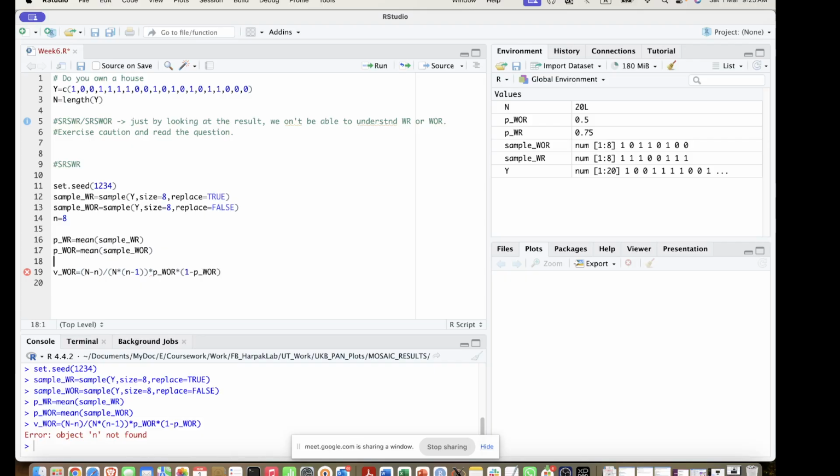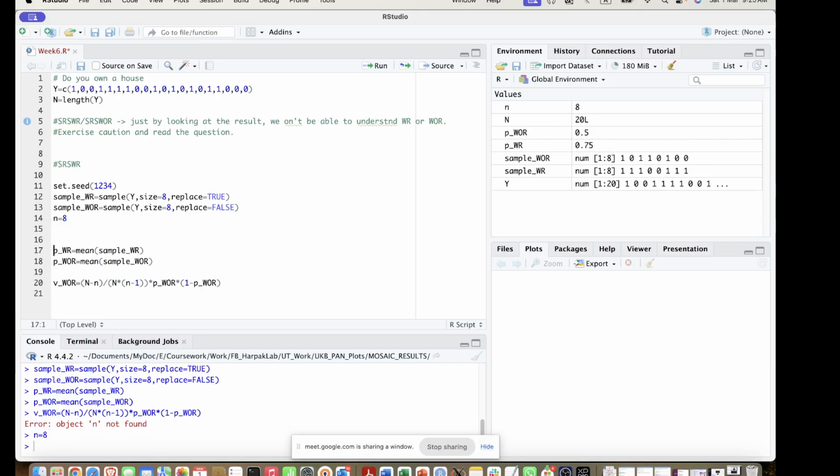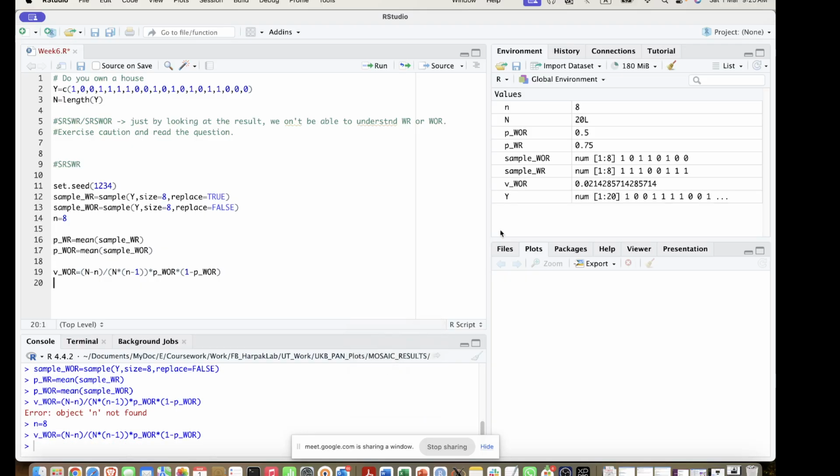So let's see how much it is coming. So this is 0.214.